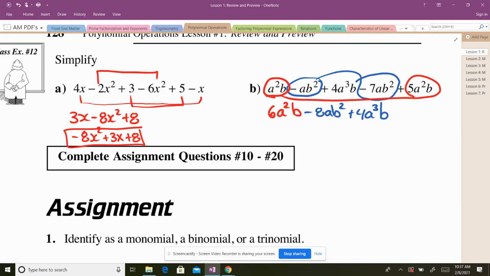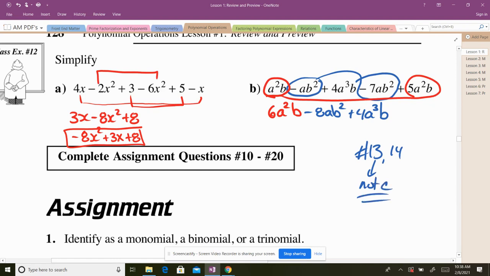Okay? All I want you to do is 13 and 14, please. Actually, don't worry about 13C, the one with fractions. 13 and 14, but don't do the ones with fractions. 13 and 14, not C for 13.